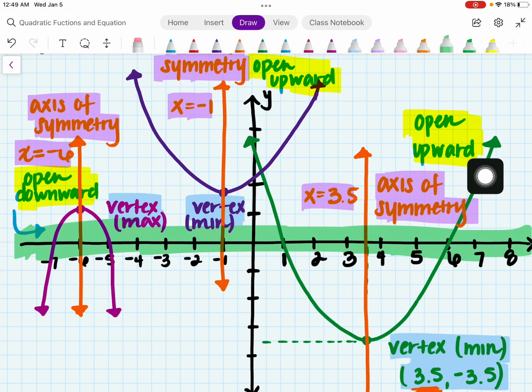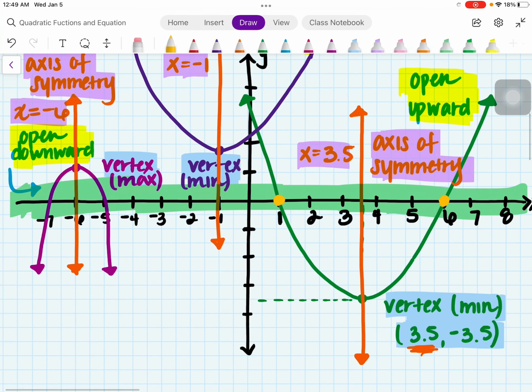If we take a look at this green parabola here, I actually do have two points. I have one point here, and one point there. Those two represent our x-intercepts.